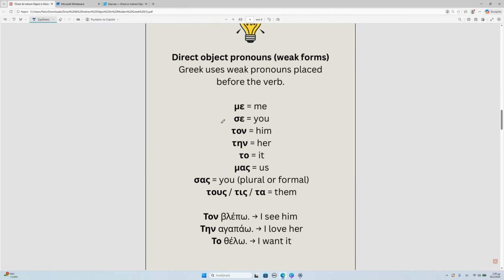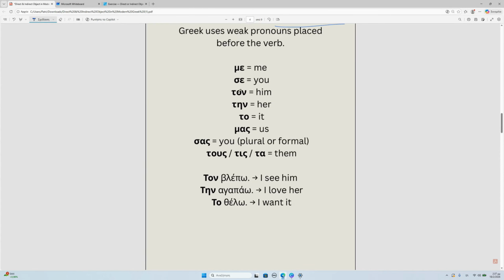So that's why we have the direct object pronouns, the weak forms. Repeat after me: με, σε, τον, την, το, μας, σας, τους, τις, τα.